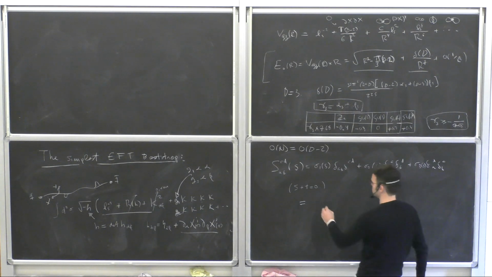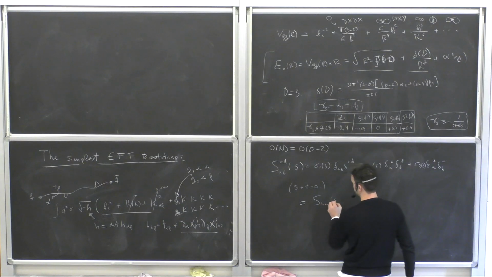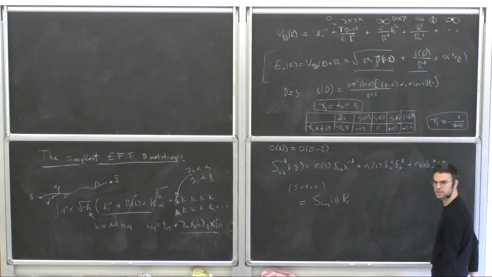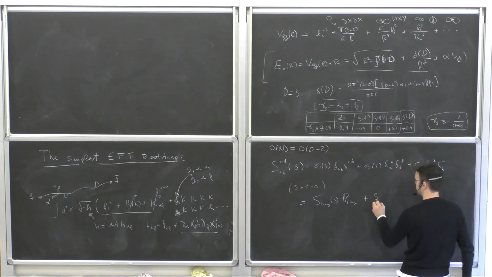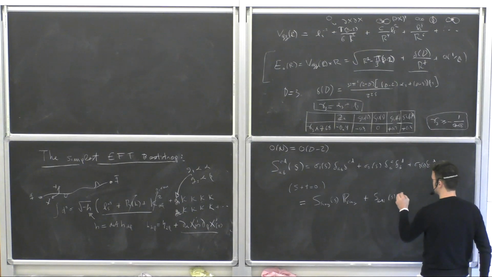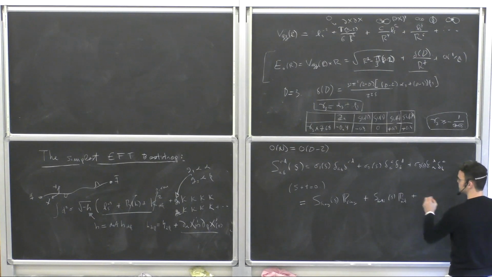So we are going to have a singlet component times some projector into the singlet, plus the antisymmetric, I mean the three reps for two vectors, with some projector, which you can find in the notes in more detail, plus the symmetric.